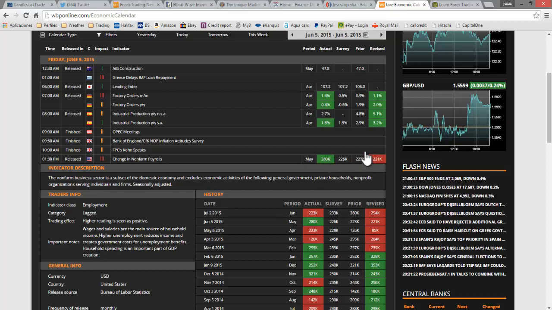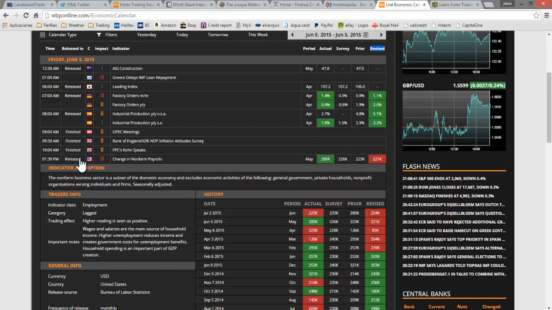And the previous one, they usually revise when the following indicator comes out the following month, if it has to be revised, because remember, they get this data that day, but then they analyze the data in the coming days, and that might change and might not actually look as good. So the previous one was 223, and that was actually revised to 221, which makes this gap a lot bigger, which makes this news a lot better.